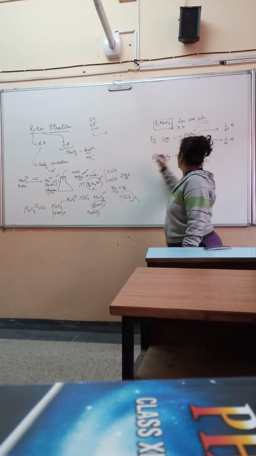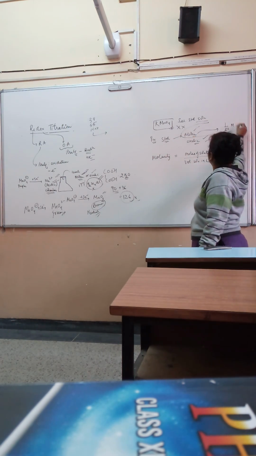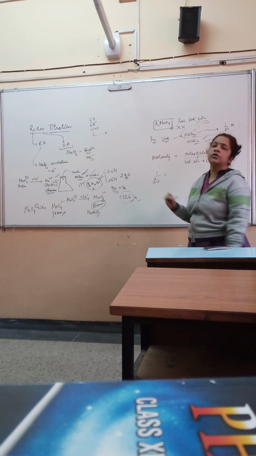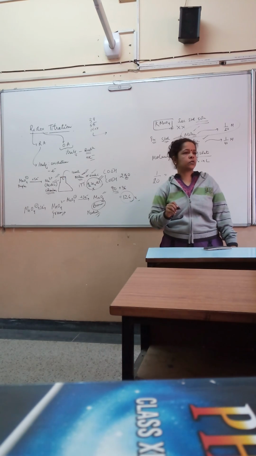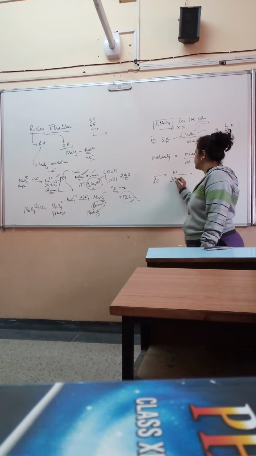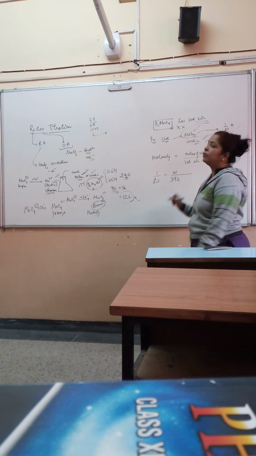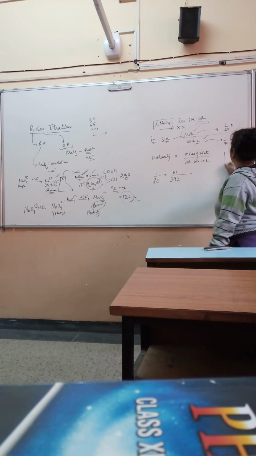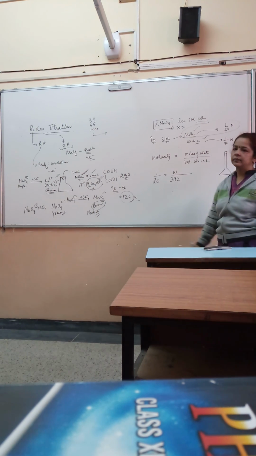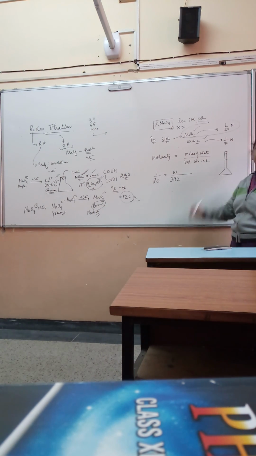Supposing I ask you to prepare M/20 Mohr salt solution. So this becomes 1/20 moles of the solute. What is the solute? Mohr salt. Mohr salt का weight मालूम नहीं. Molecular mass तो मालूम है. Volume of solution कितना बनाएंगे? ये बात डिपेंड करती है आपके लैब में ये बर्तन कौन से साइज का है. इसमें एक कट मार्क होता है यहाँ, हमारे लैब में ये 100 ml का है, but there are schools जहाँ पे ये 250 ml का भी होता है.